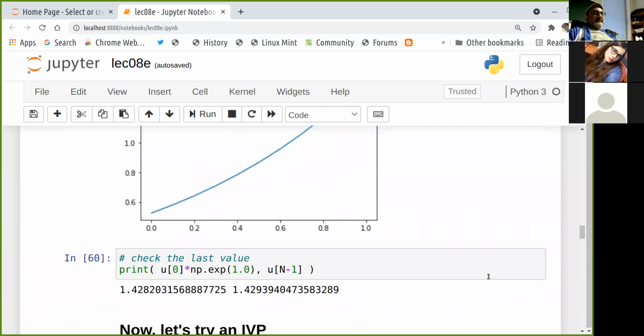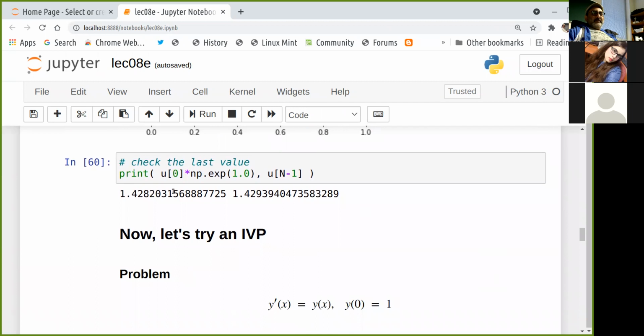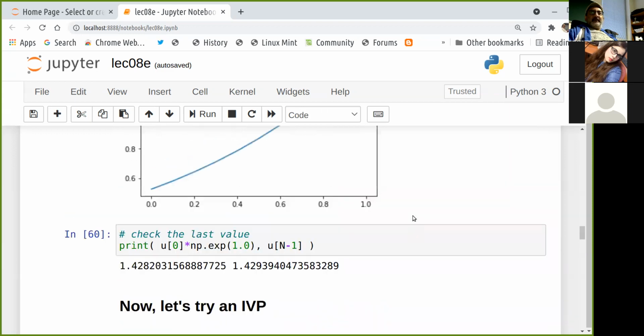I want something that looks like the initial value times e to the x. The value that I should get is 1.428, I guess. And the value that I'm actually getting is 1.429 for the last value of u. Any questions there?